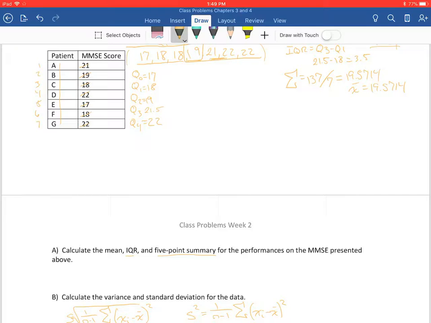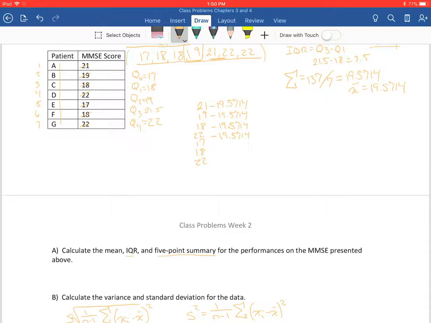To figure all this out, we have our mean, which is 19.5714, and we subtract that from all our data points. We're going to take 21, 19, 18, 22, 17, 18, 22 again, and subtract each from our x bar, 19.5714.